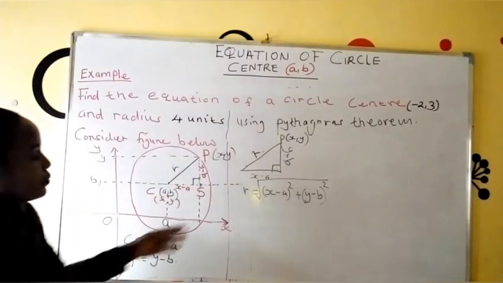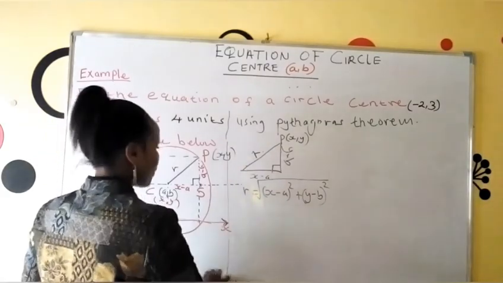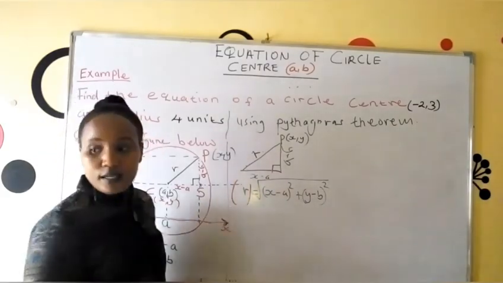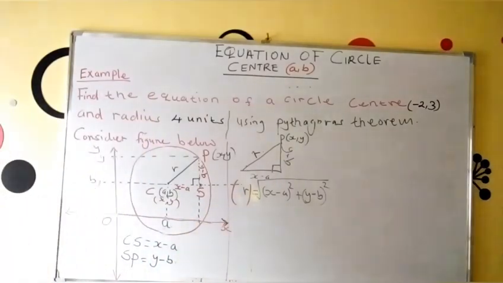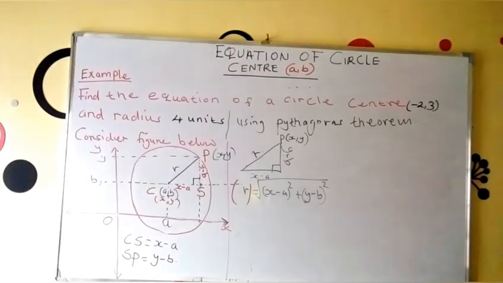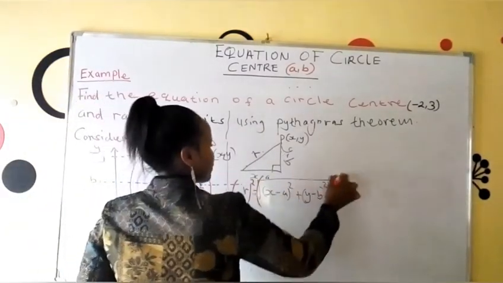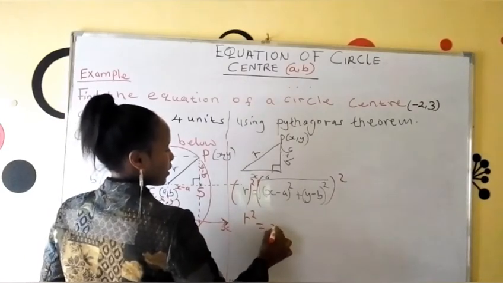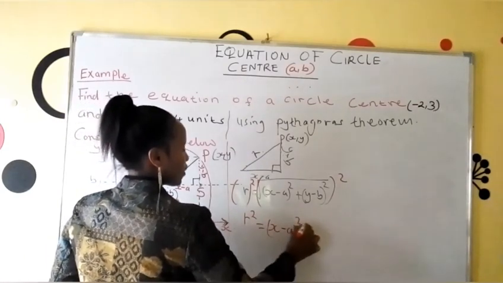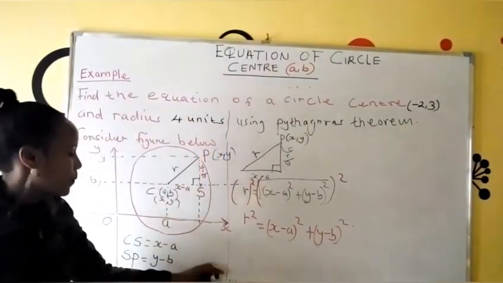Because we have everything, if I square both sides, we shall have r squared is equal to x minus a squared plus y minus b squared, right?